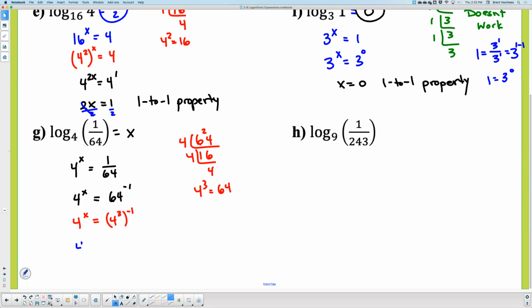You multiply. So we have 4 to the x equals 4 to the negative 3. We can use the one-to-one property. x equals negative 3. And that's our answer here, negative 3.